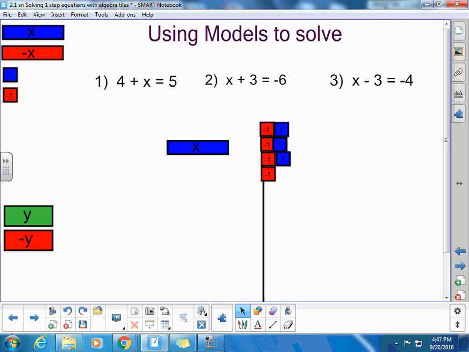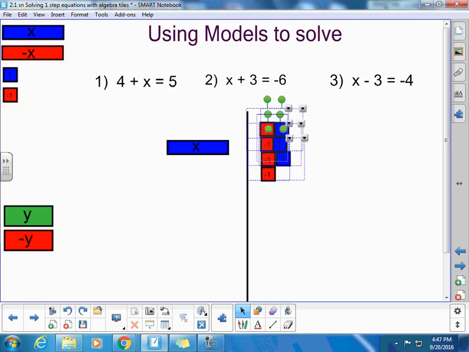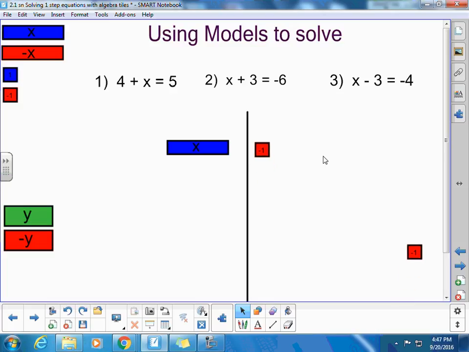I 0 paired, whoops, I don't move that. These all disappear. And we're just left with x equals negative 1. So that is really adding 3 to both sides. And now we have x equals negative 1.